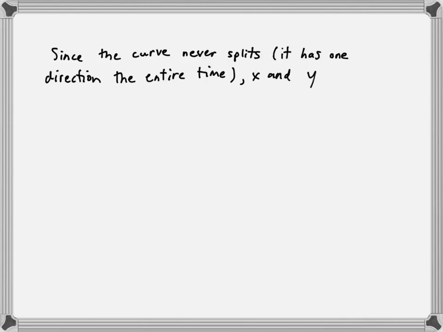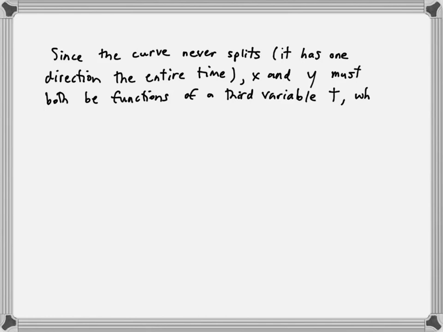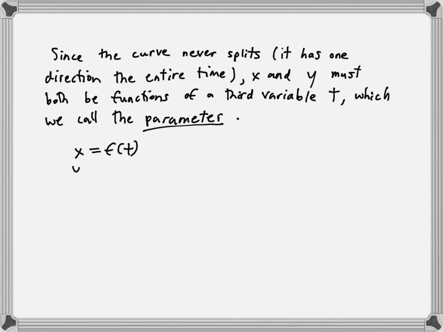X and Y must both be functions of a third variable t, which we call the parameter. Okay, so what this means is that x is a function of t and y is some other function of t.